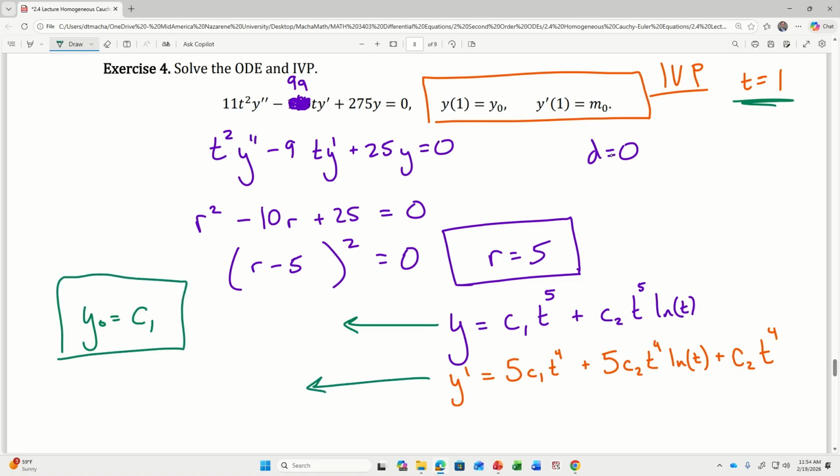This is telling me that at the initial value, I've got 5 times c1 times 1 plus 5 times c2 times 1 times natural log of 1, which is 0, plus c2 times 1. That tells me that c2 must be m0 minus 5 y0.